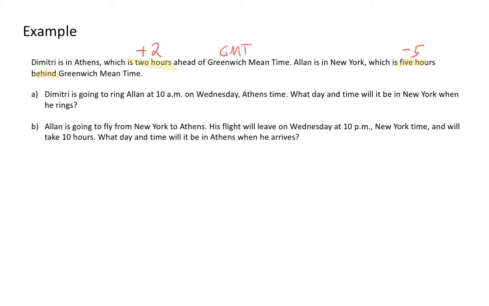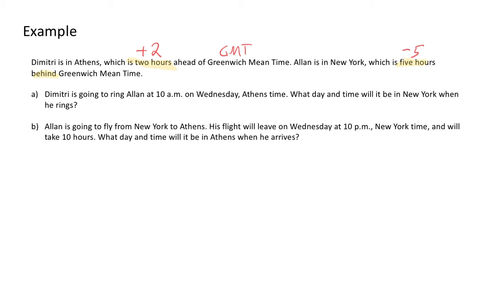So looking at what it's asking us to do, Dimitri is going to ring Alan at 10 a.m. on Wednesday Athens time. What day and time will it be in New York when he rings? So that's what we're going to have a look at first, part A. We know that our Athens time is going to be 10 a.m. and we want to work out what the New York time is going to be.